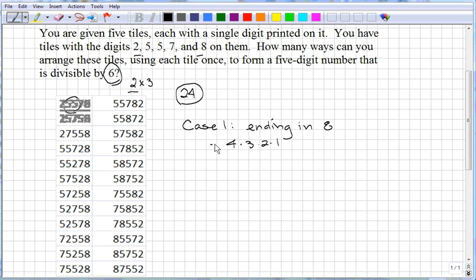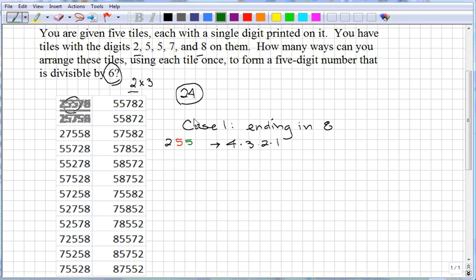So this permutation here would assume that, let's say we have, maybe I'll just use a different color here. Let's say we have a red 5, and let's say we have a green 5.